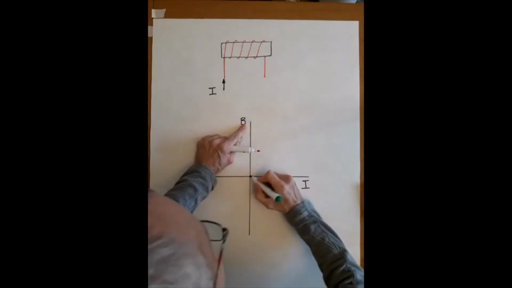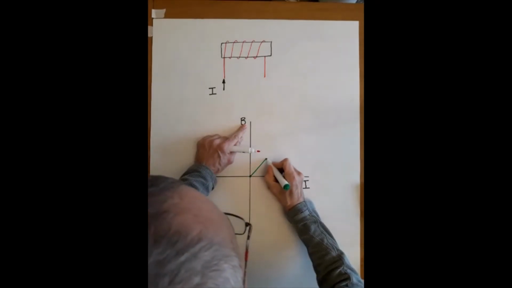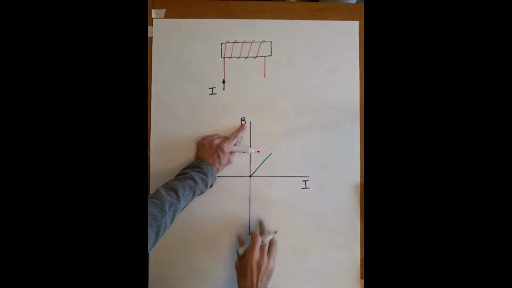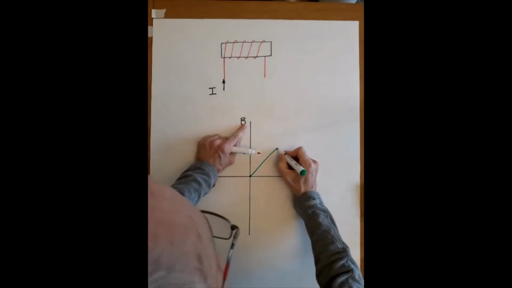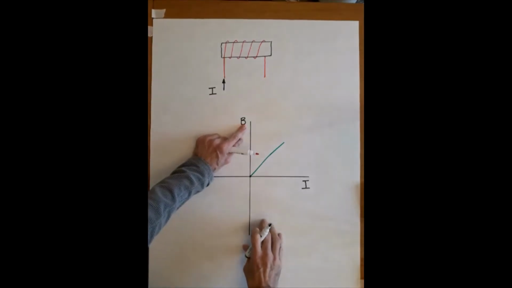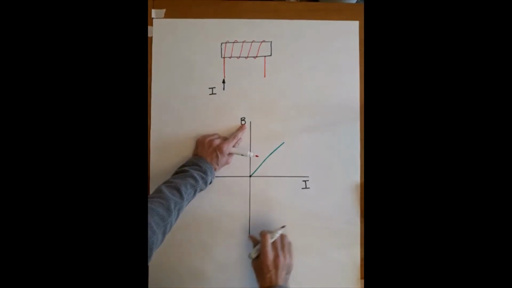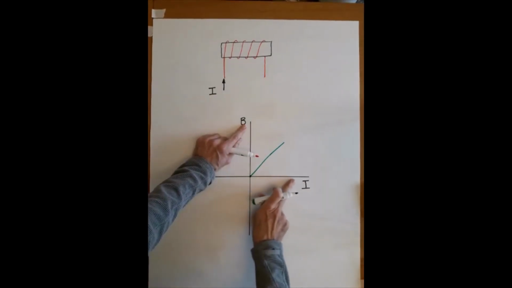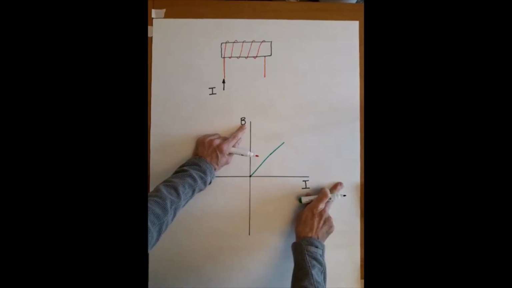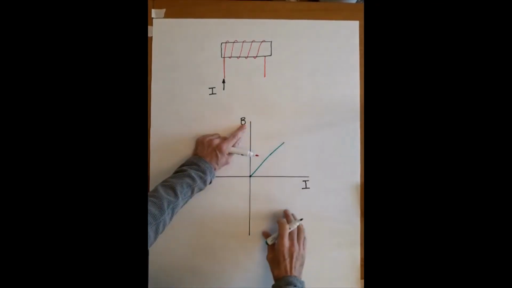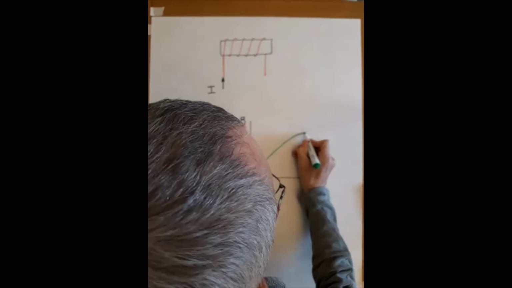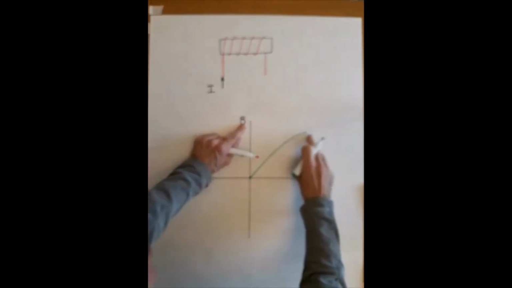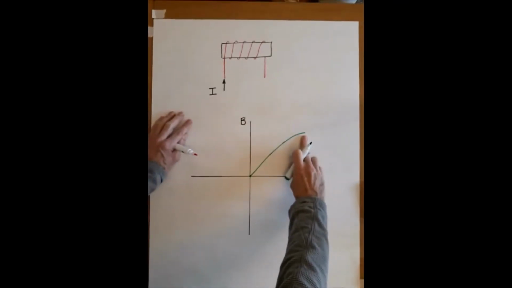We increase the current a bit more, we'll increase the flux density. This will carry on for a while, but there comes a point at which no matter how much we increase the current, we can get no more flux density in the magnet that we have. Our curve will do this, and it would carry on flat. So it's reached what we call magnetic saturation.